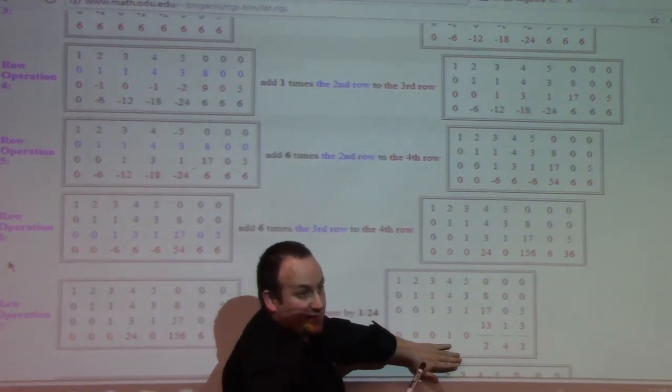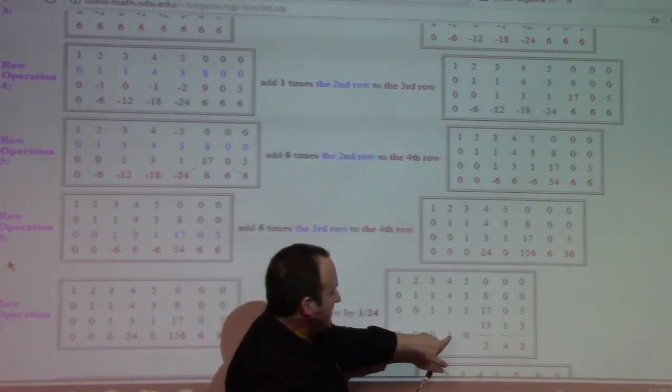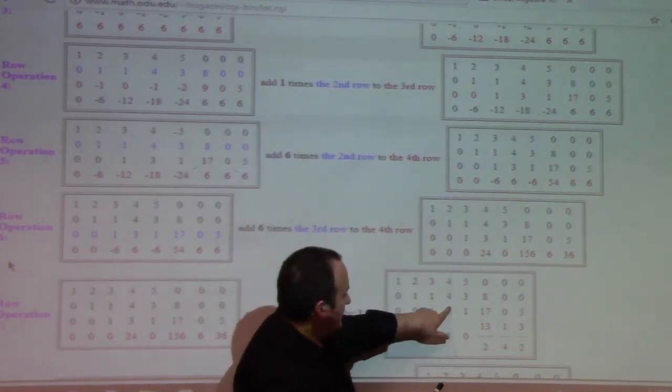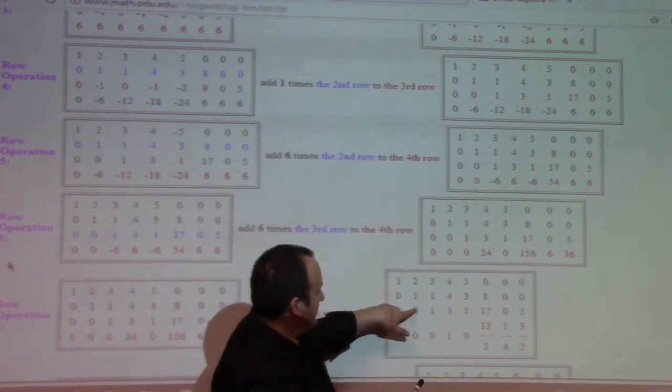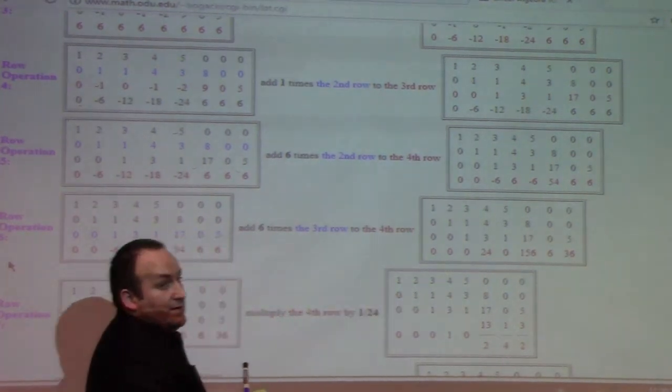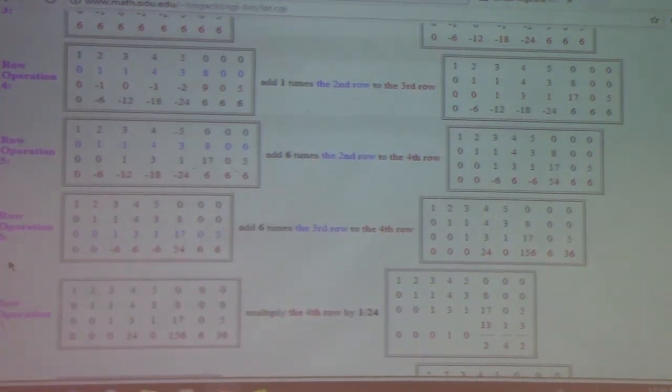And then what's he going to do? He's going to do the backwards pass, which means he's going to subtract copies of row 4 to get rid of this 3, 4, 4. He's going to subtract copies of row 3 to get rid of this 1 and 3. Then he's going to subtract copies of row 2 from row 1 to get rid of that. And at the end of it, he's going to have E1, E2, E3, and E4 for his first 4 columns.